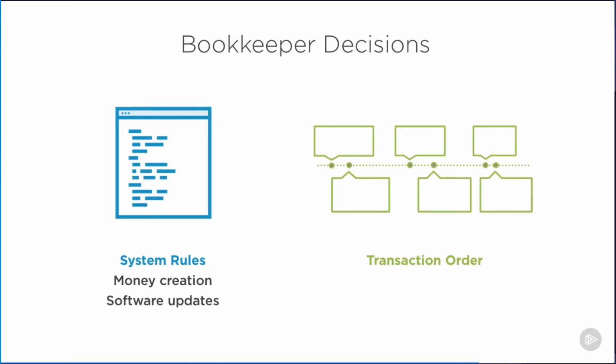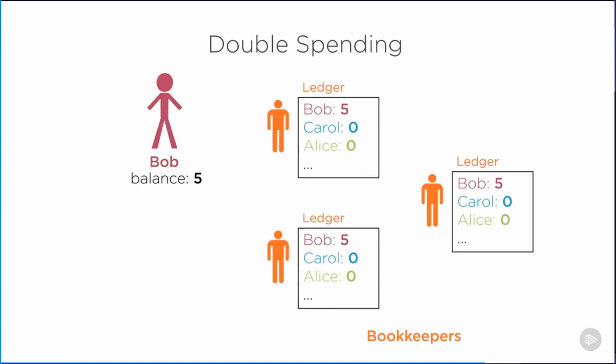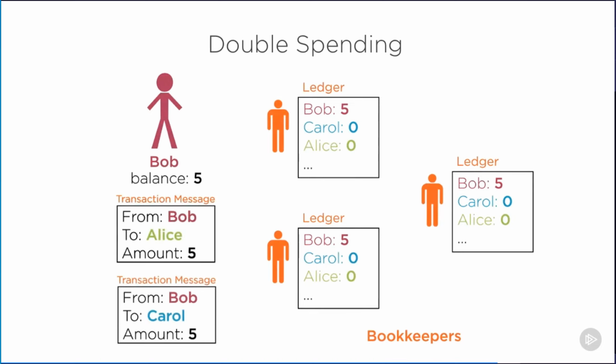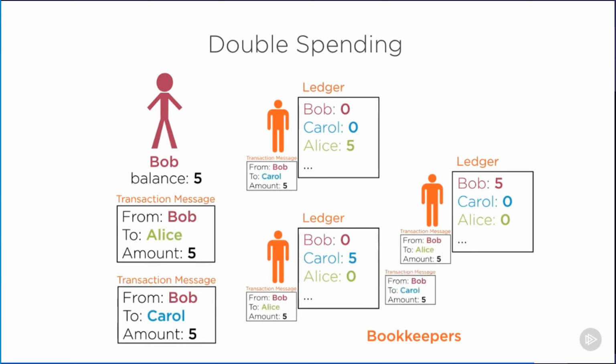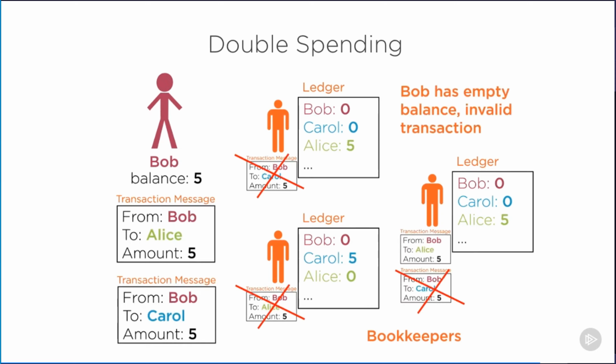Recall the double spend scenario from the first module, where Bob sends both Alice and Carol all his Bitcoins. On a more detailed level, he could create two transactions that both source the same unspent output from a previous transaction. These transactions might reach different bookkeepers in different orders due to network delays, or Bob even intentionally sharing them in different orders.